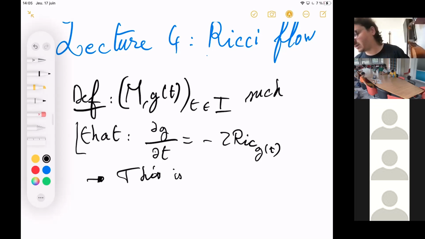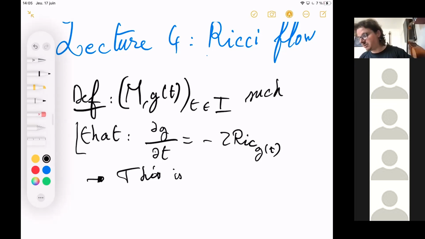It's actually degenerate, but we'll not go too deep into that. If you just look at the coefficients, this more or less looks like ∂u/∂t = Δu. And if you don't put the minus, you would have a reverse heat equation, which is usually not a good idea. So the minus sign is very important.